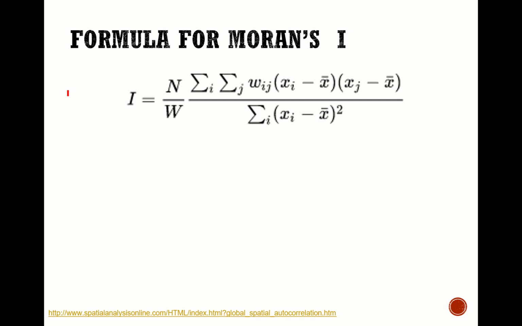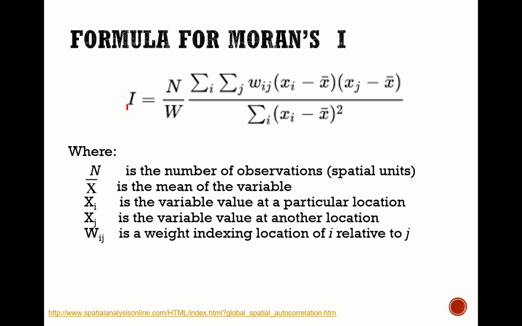So there's this kind of long drawn out equation right here, where n is the number of observations that we're looking at, x bar is the mean of a certain variable, xi is the value of that variable at a particular location, and then xj is the value of the variable at the location located right next to xi.